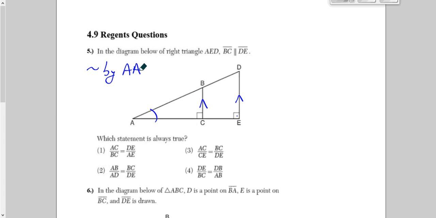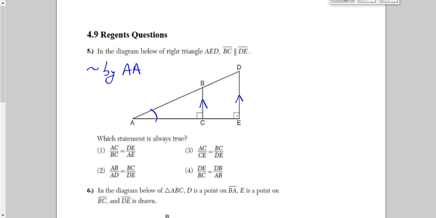He says 3. So 3 says AC over BC. So that would be long leg to short leg of the small one, right? Equals BC. Well, that's not even part of the big one. Over DE, right? What am I doing wrong?